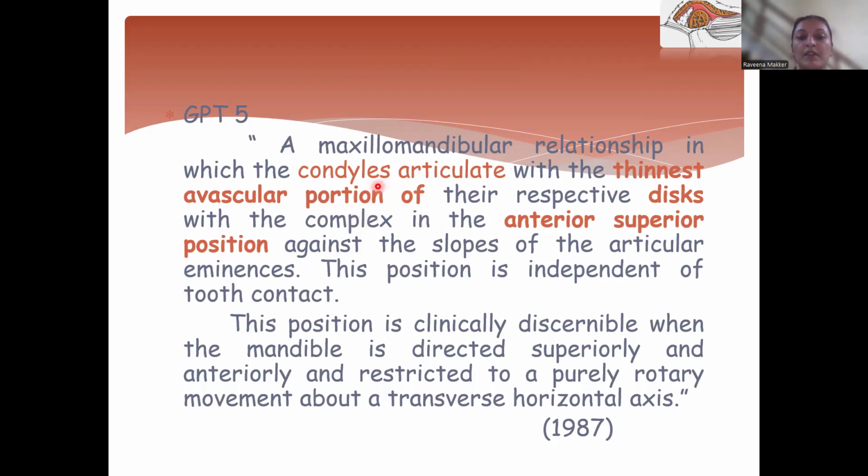So, according to this, the condyles articulate with the thinnest avascular portion of the disc, and the whole complex, meaning the condyle as well as the disc together, is in the anterior superior position against the slopes of the articular eminences. Okay, and this is independent of tooth contact, and it can be clinically discernible when the mandible is directed superiorly and anteriorly, and here only pure rotary movement occurs about the transverse horizontal axis.